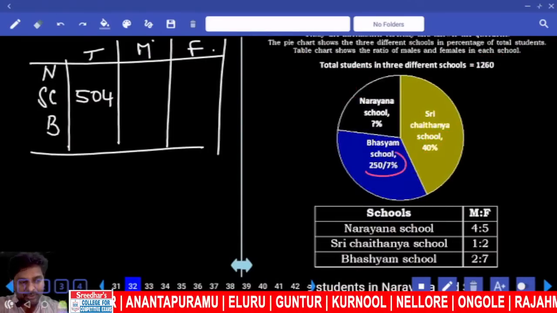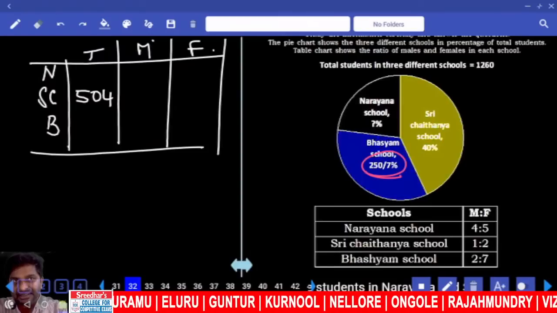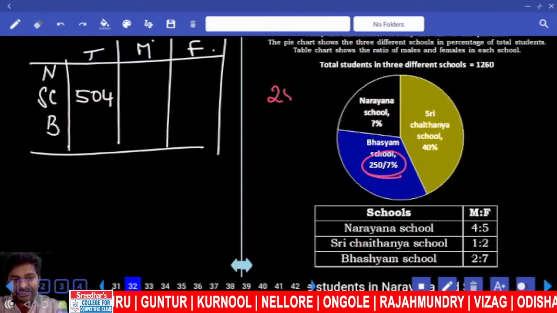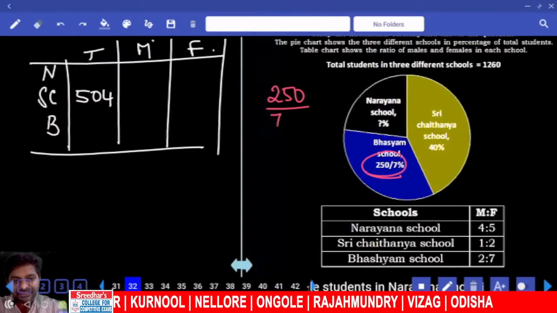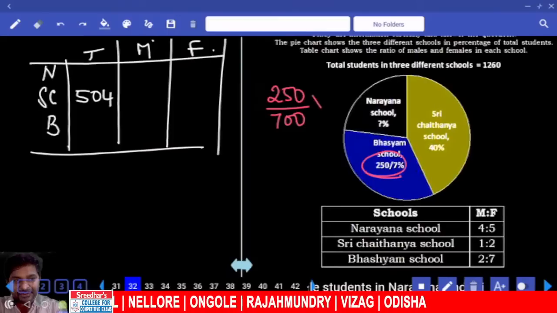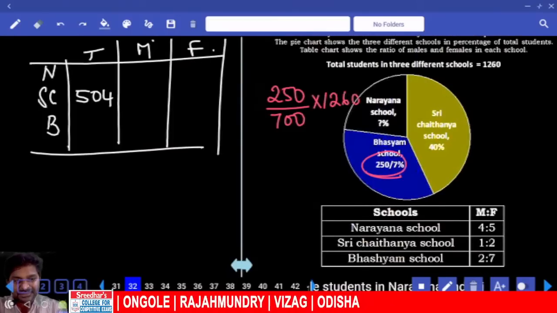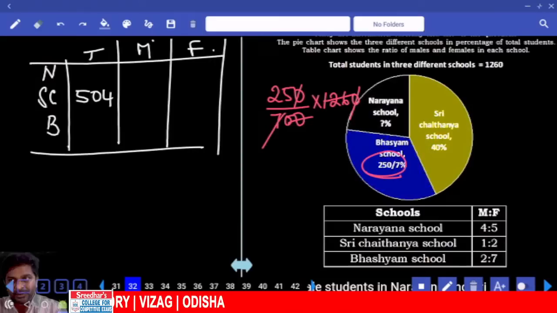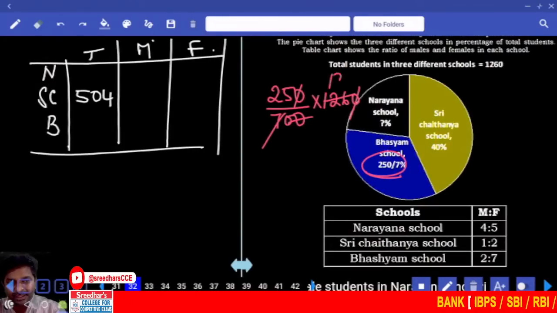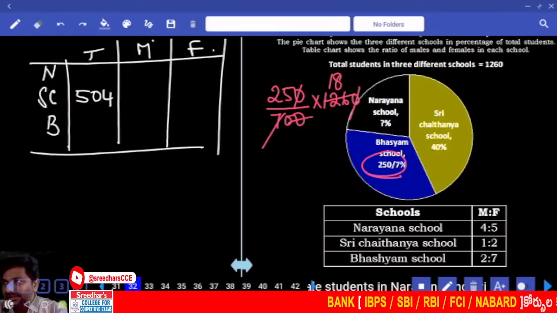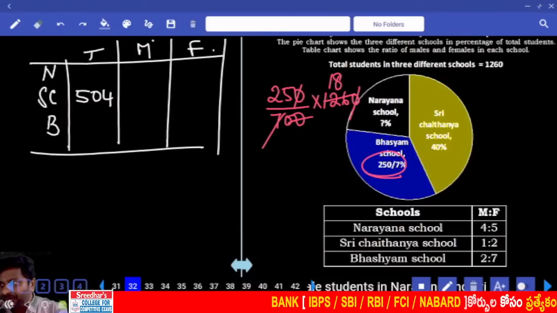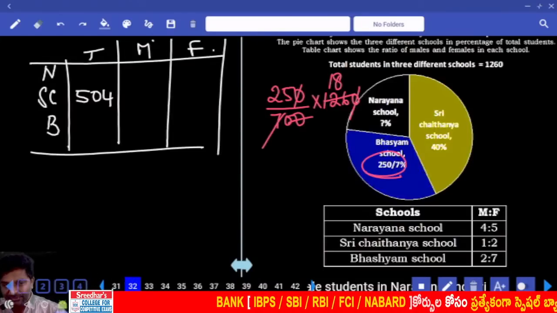Next, Bhashyam, 250 by 7%, that I will write as 250 by 7, percentage symbol is deleted, into 1260. 2 zeros cancel. 7, 20 times is 140, 126 is 14 less, 2 times less, 18 times. 4 25s will give you 100, 16 25s will give you 400, 2 more 25s 50.